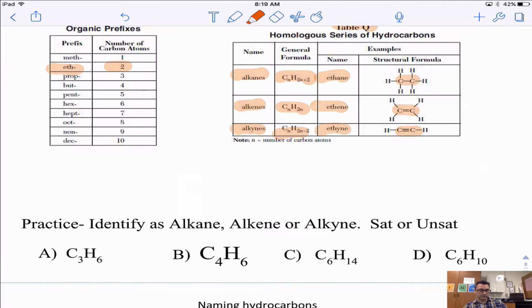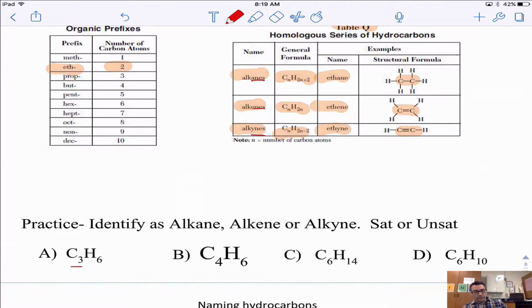So the first would be a 3-carbon chain. Let's go through the general formulas and see which one it fits. So C3 would be prop, but I have to figure out, is the ending ane, ene, or yne? Well, I use the general formula, and I see that it fits an alkene because it's 3 carbons and then 2n, which would be 2 times 3, 6 hydrogens.